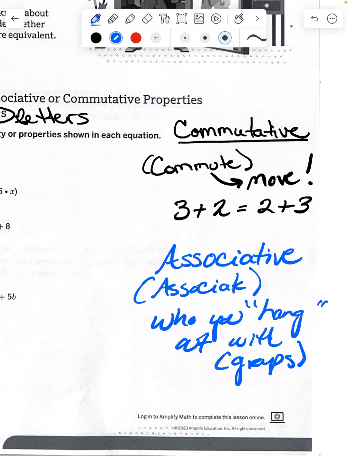And then after school, if my son has hockey practice, then I'm associating with a whole different group of adults and other parents. One moment. Okay, so when you think of the associative property, we're going to think of groupings, who you're hanging out with. So again, who you're hanging out with is going to change.